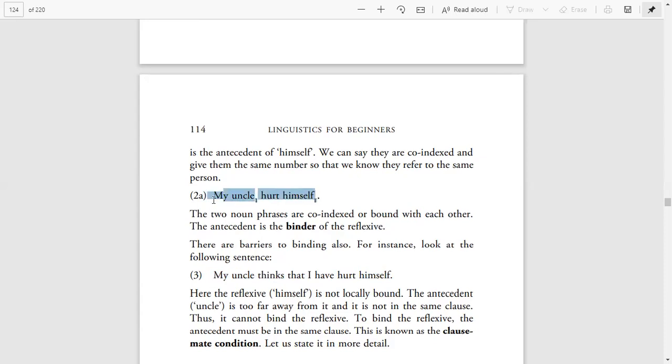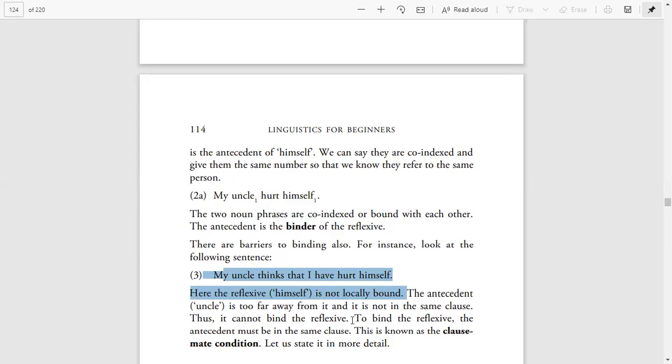So there the antecedent is binding the reflexive, because they are in only one class. But in this case there are two classes, so we cannot say that the antecedent binds the reflexive here.